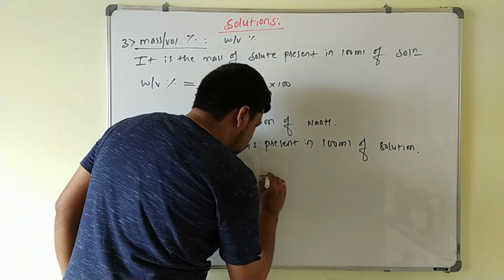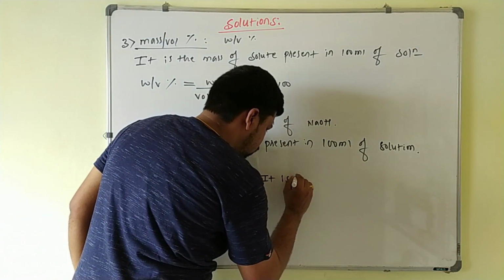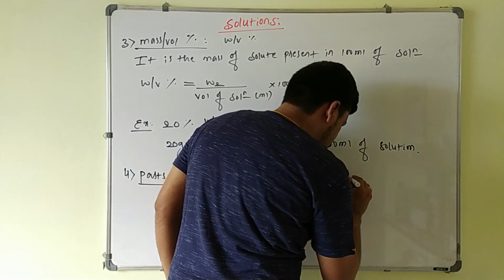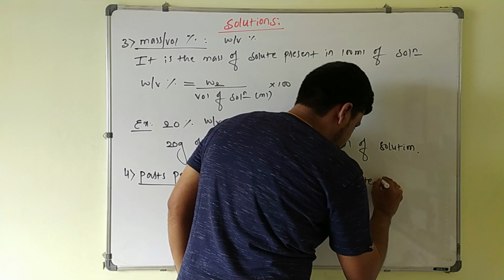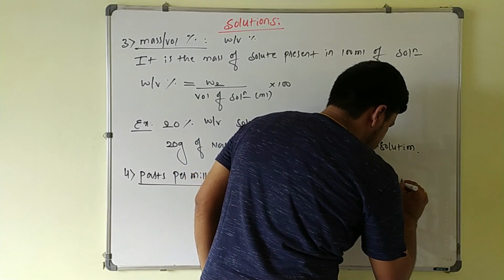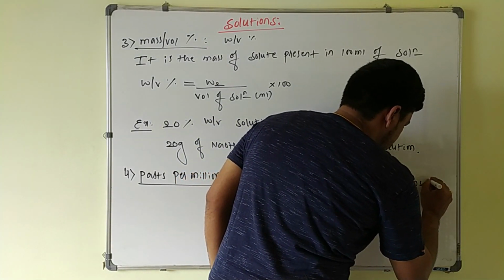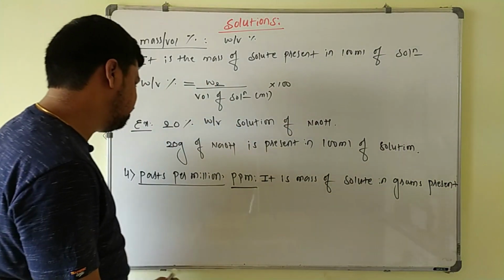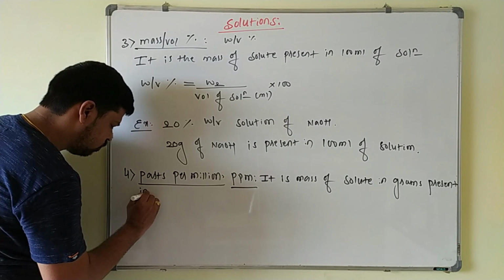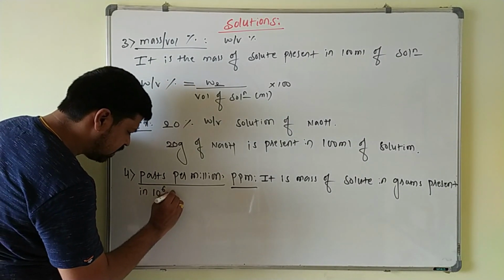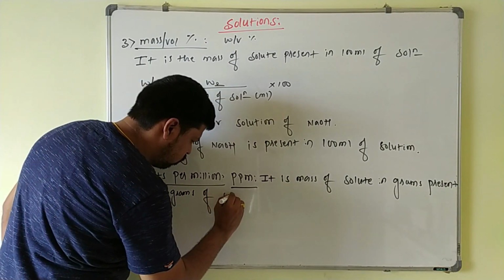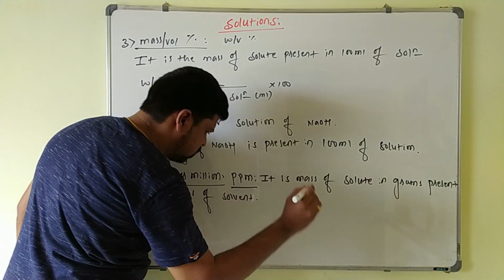It is mass of solute in grams present in 10 power 6 grams of solvent.